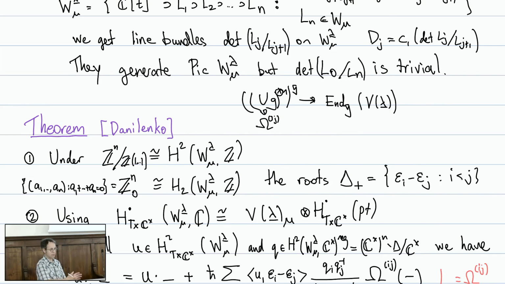Those guys will commute with this diagonal G, and it turns out that map is surjective, okay?